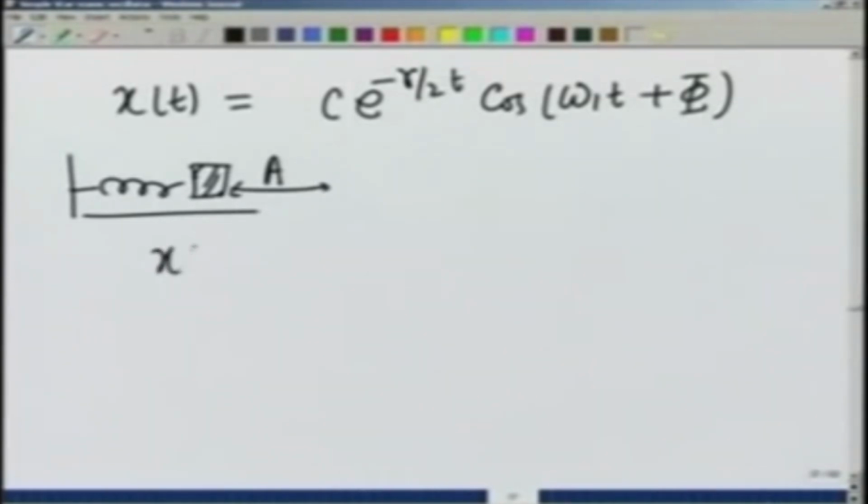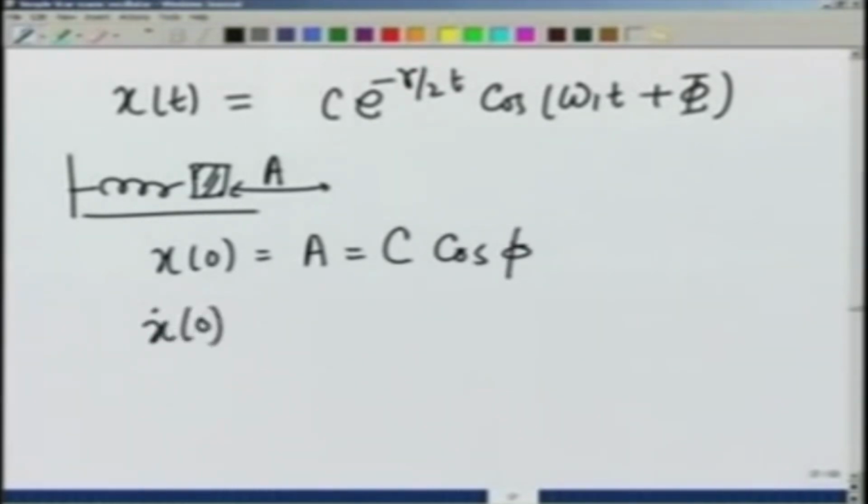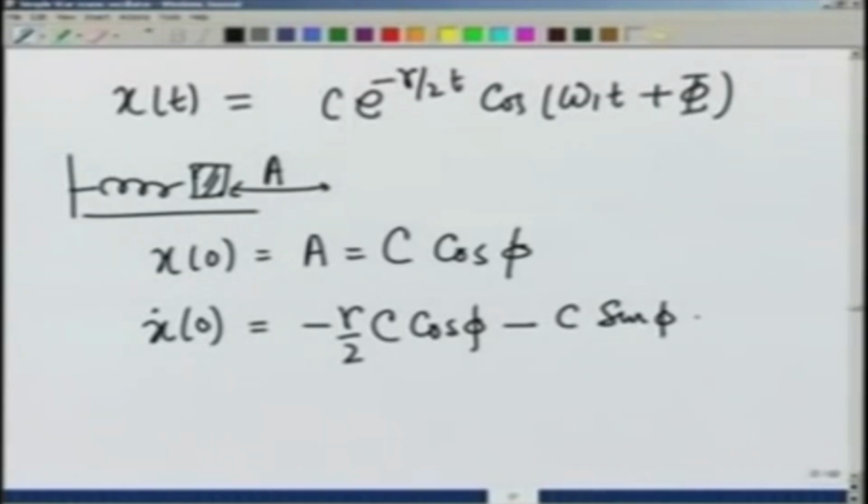So, since x 0 is equal to a, this would be equal to c cosine of phi, and x dot 0 is equal to minus gamma over 2 c cosine of phi minus omega 1 c sine of phi, and this is equal to 0.